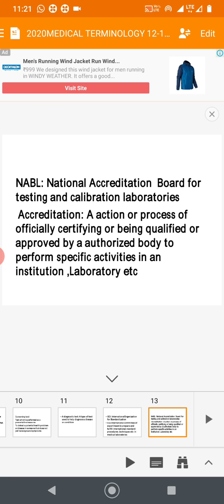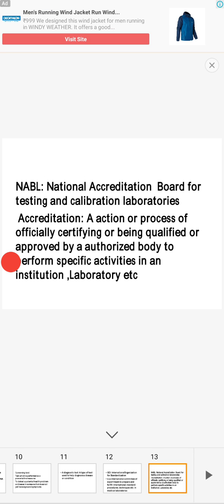They may come from pathology, microbiology, cytology, histopathology, or a general specialist. It is called a team, a body, to perform specific activities in an institution, laboratory, etc. So the definition of accreditation is the action or process of officially certifying, or being qualified or approved by an authorized body to perform specific activities. It should be accredited.